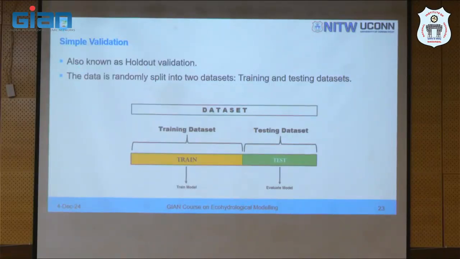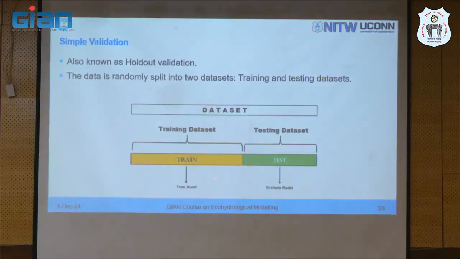Now, when we are splitting the data set, most of us do it randomly. We say 60% or 70% for calibration, 40% or 30% for validation. In my experience, you don't need to follow that 60, 70, 40, whatever that is.